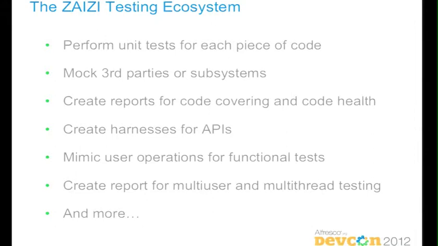That ecosystem allows us to perform so many operations within the code. For example, we can perform unit tests for every piece of code. We can mock, we can emulate third parties or subsystems. We can create reports for code coverage and code health.